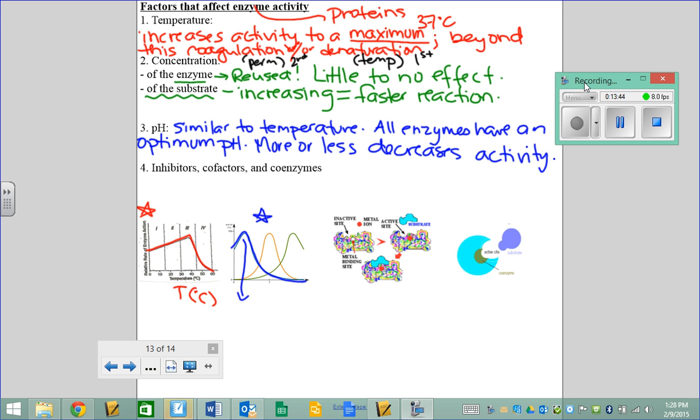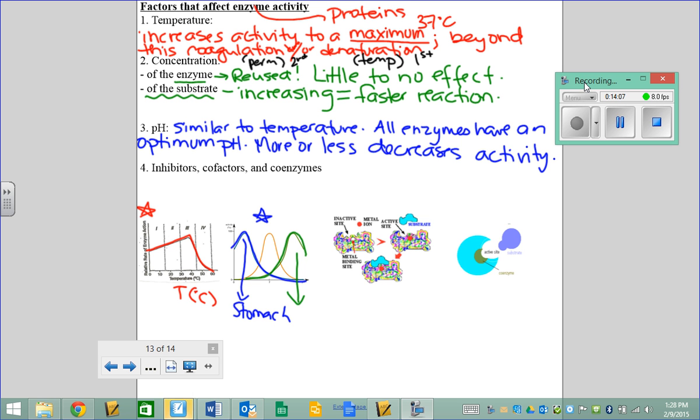So things that work in your stomach, and we'll worry about the names of these when we get to the unit on your digestive system, but the enzymes that are in your stomach will generally have their optimum pH at a really low number.